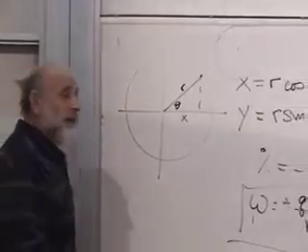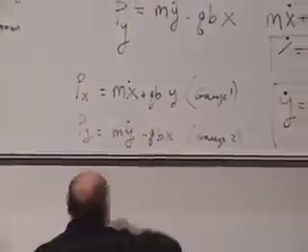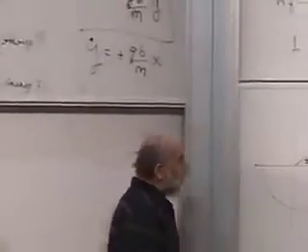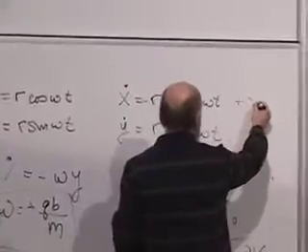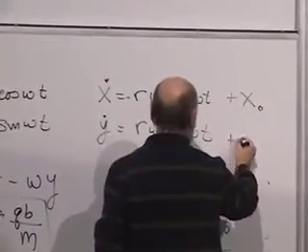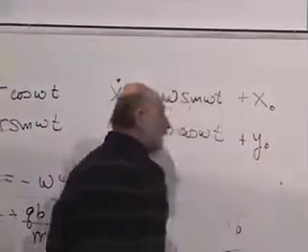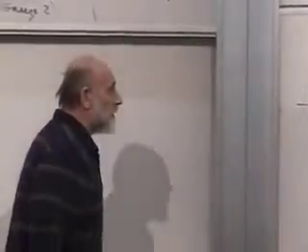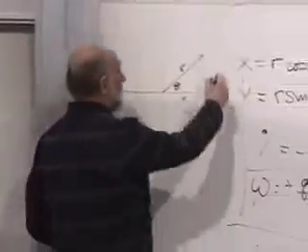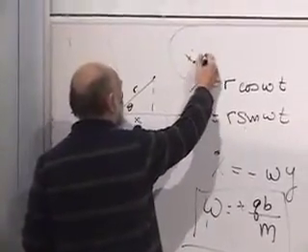Let's consider that, and then calculate whether these quantities are still conserved. To do that, all we have to do is add an x naught and a y naught. X naught and y naught are just the central coordinates of the circle. I've shifted the circle by amounts x naught and y naught.